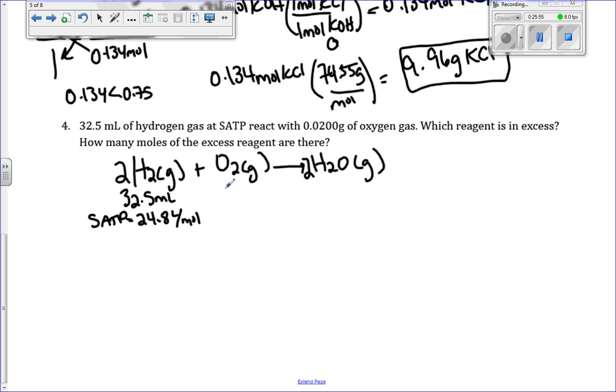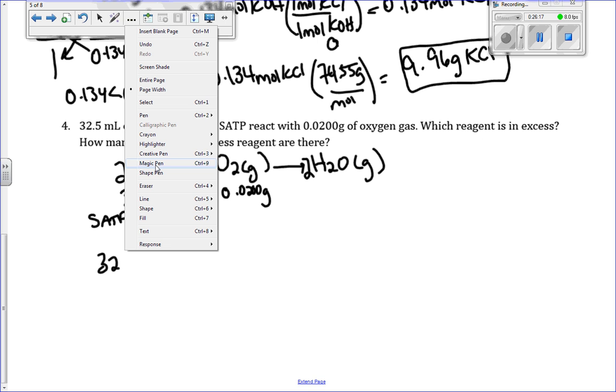And here we have 0.0200 grams. And the question is, which reagent is in excess? So we need to calculate out the number of moles for each of the reactants, making sure to convert your units.